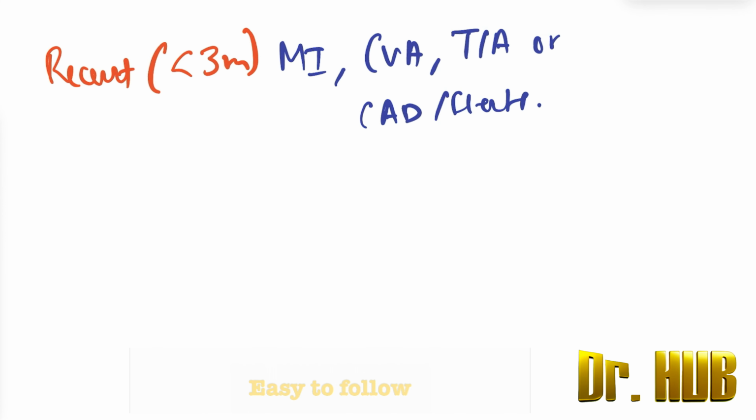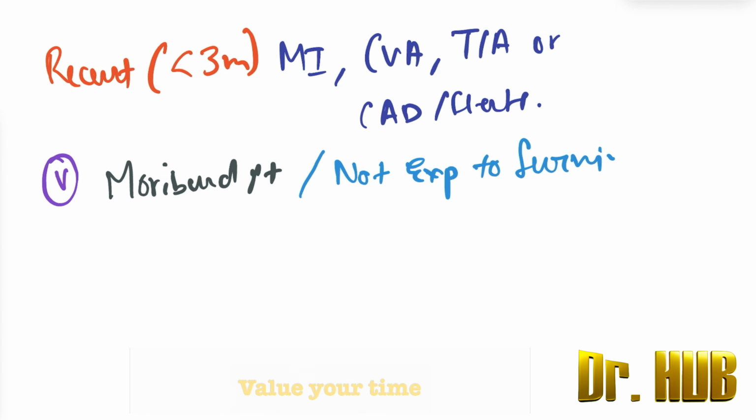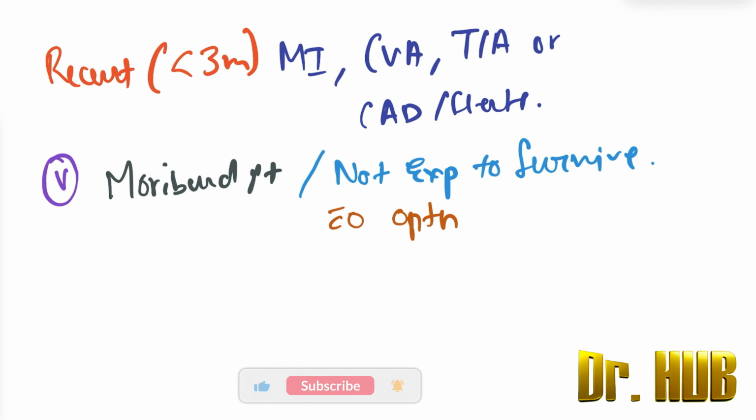Then we move on to class 5. Class 5 is a moribund patient who is not expected to survive without the operation. What we mean is that survival is only possible with the operation.